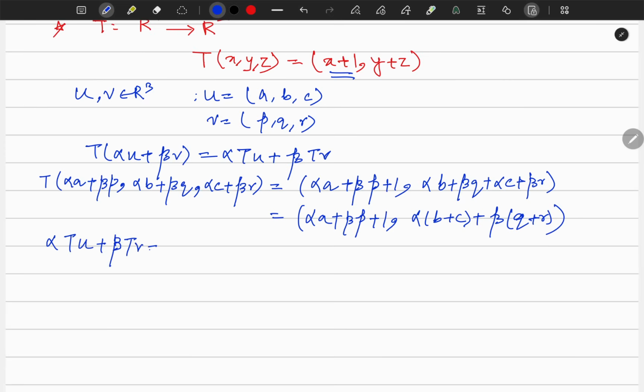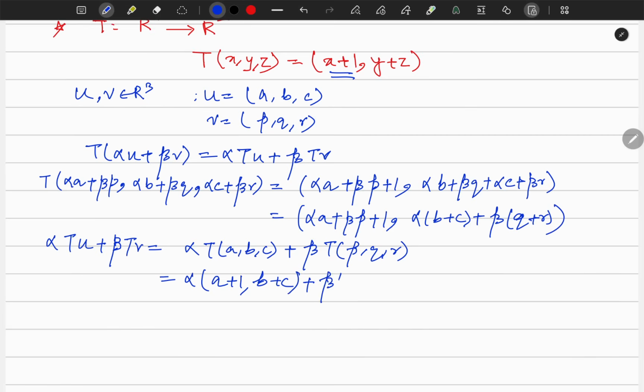You have to check it. So that is alpha T of a, b, c plus beta T of p, q, r. So that is alpha, this is a plus 1, b plus c, now apply on this v, that is p plus 1 comma q plus r.